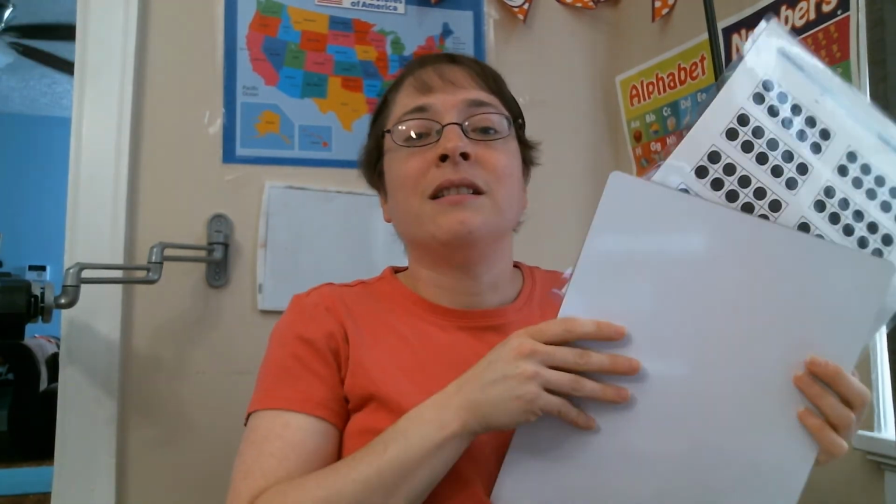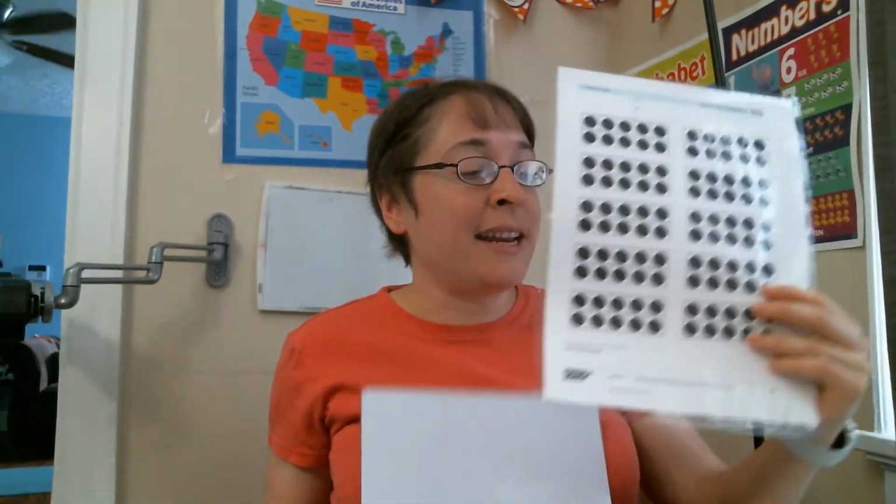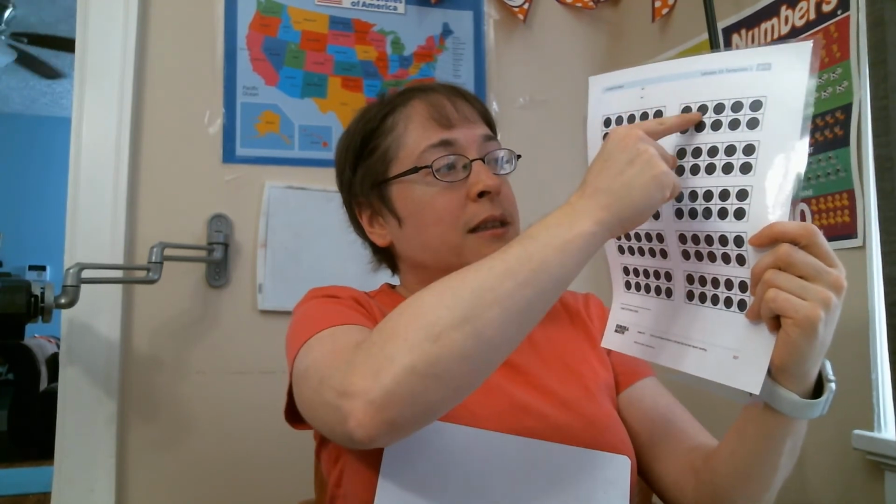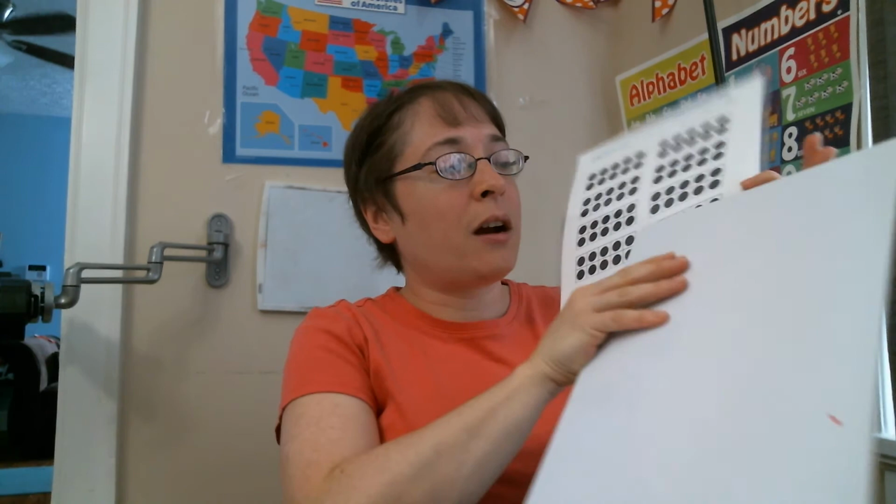Okay, so 8 tens. So I'm going to count 8 tens. And the ones I'm not using, I'll cover up. So I have 1, 2, 3, 4, 5, 6, 7, 8. So I'm going to cover up the 2 that I'm not using.